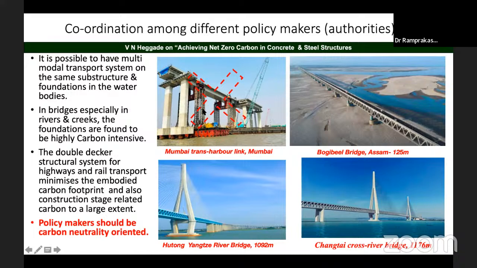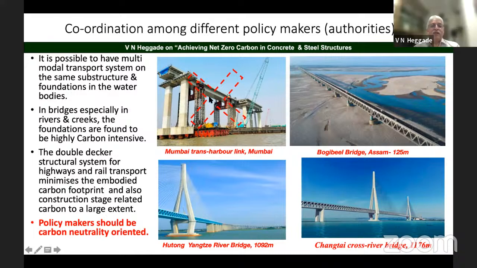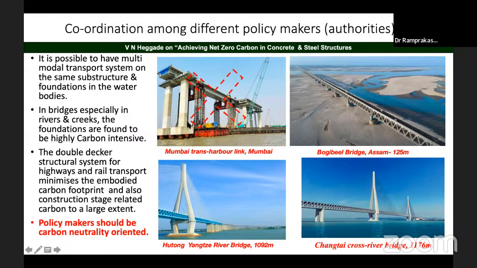We'll have to make sure that multimodal transportation is made. After some years, we'll have another railway lane or a metro lane just beside it, and instead of a double-decker situation where both train traffic and highway traffic can go on, the foundation as well as the substructure has to be done again for this 24 kilometers.